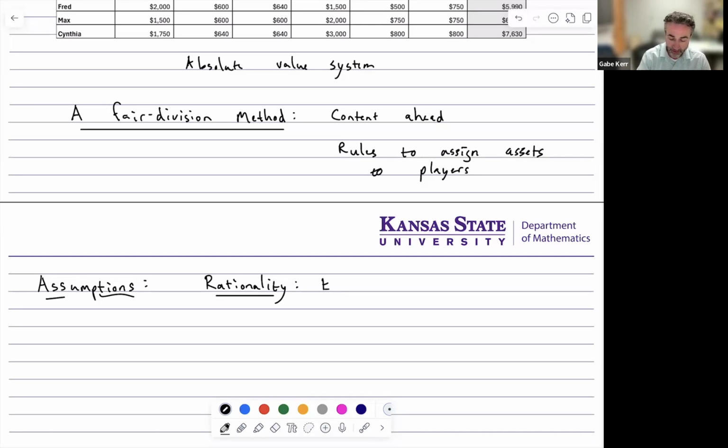So every player maximizes their share of assets, using a reasonable approach. So using reason. No one is trying to maximize in a silly way that is not effective. They're all understanding the game and they're going to play it to maximize their own gain.